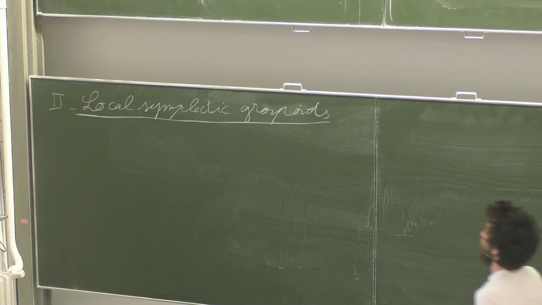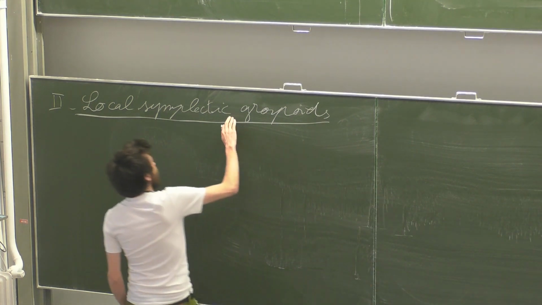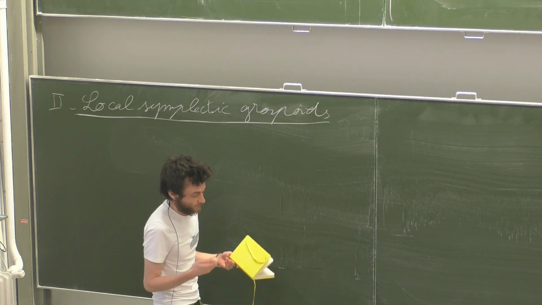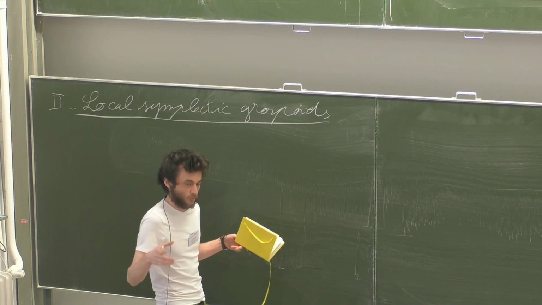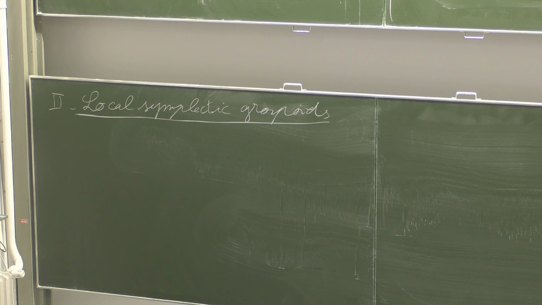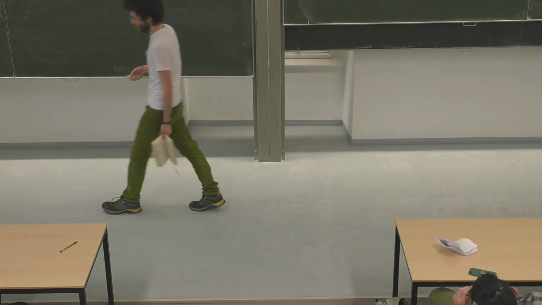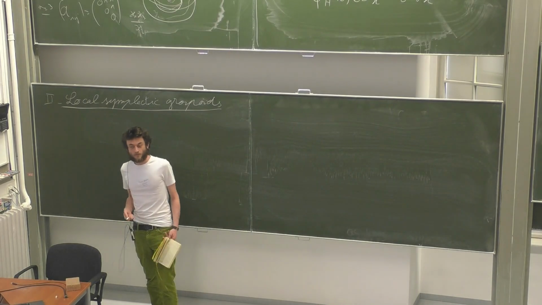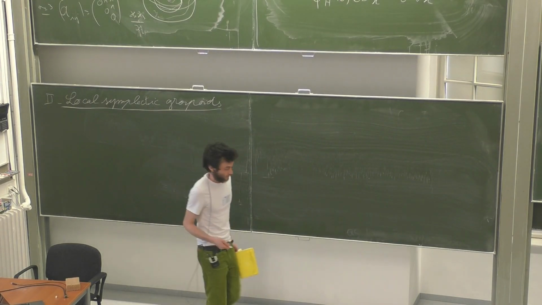But at first, say local symplectic groupoids are bigger objects that contain the Poisson manifold. They are of dimension 2 times the dimension of the Poisson manifold. And one interpretation of local symplectic groupoids is that they desingularize the symplectic foliation in some sense.